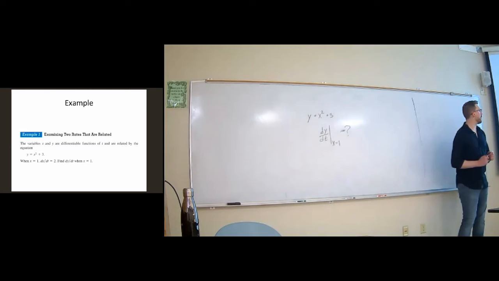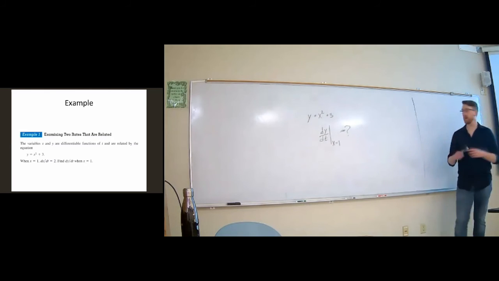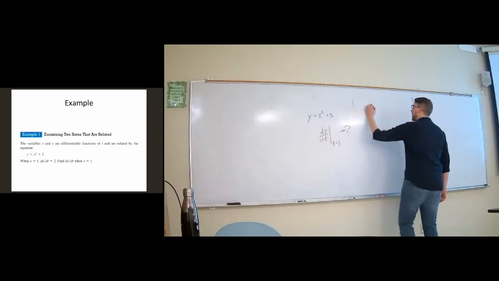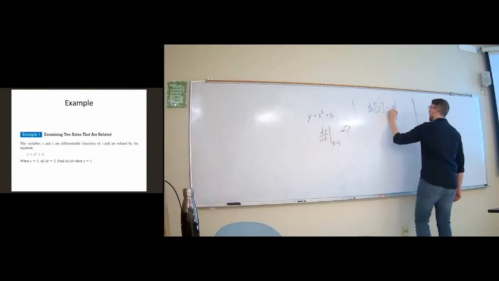We're going to have to apply an implicit derivative to both sides. We're going to have to apply the derivative with respect to t to both sides. So we're going to get d/dt of y is equal to d/dt of x squared plus 3.